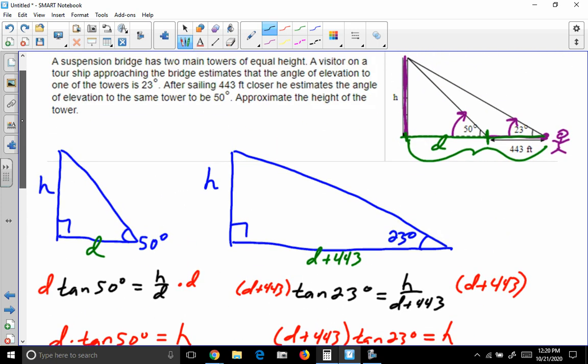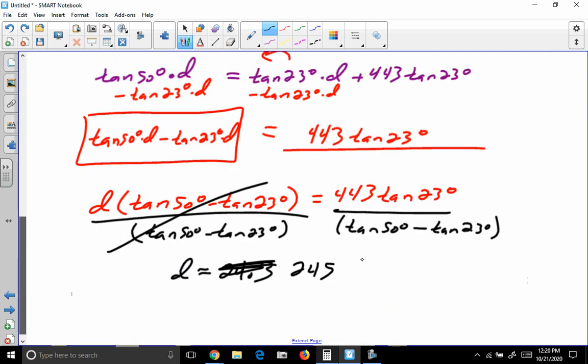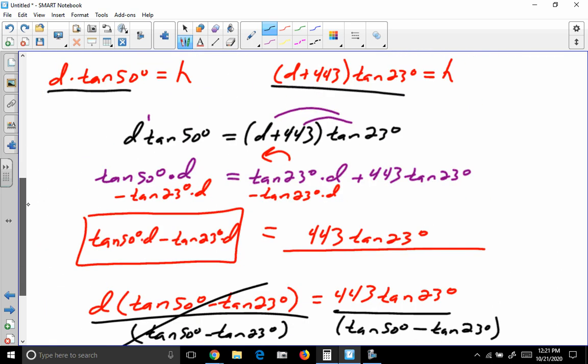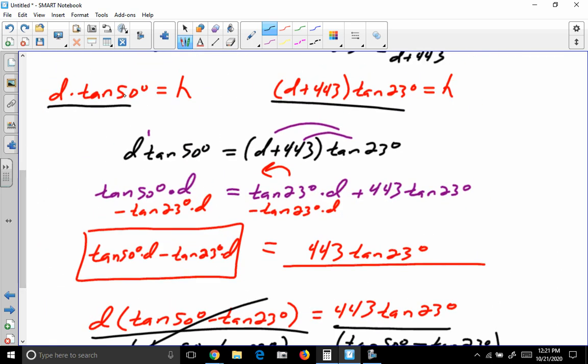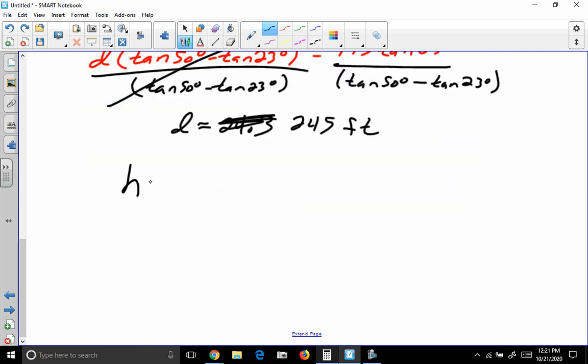Our original distance that we were given was 443 feet, so this will be in feet. But d is not what we're after. We're after h. But notice when we isolated h, we have two expressions that give us h. So I'm going to use this. If we know d, h is d times tangent 50.